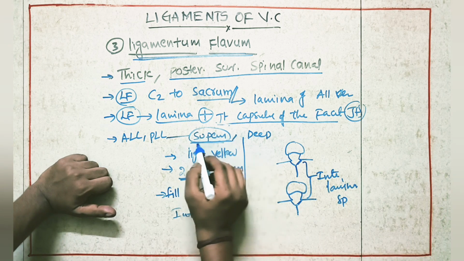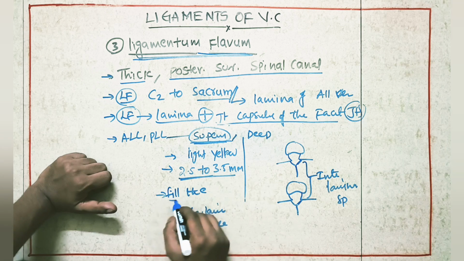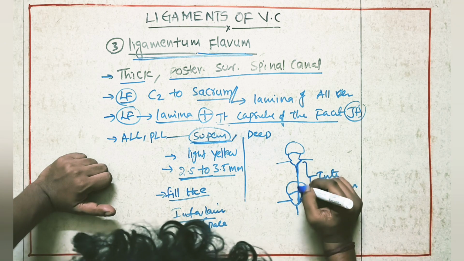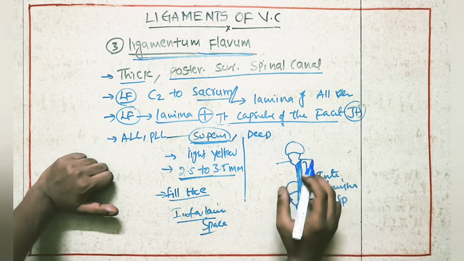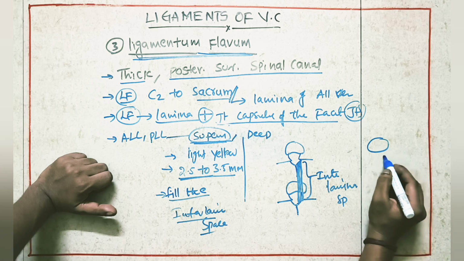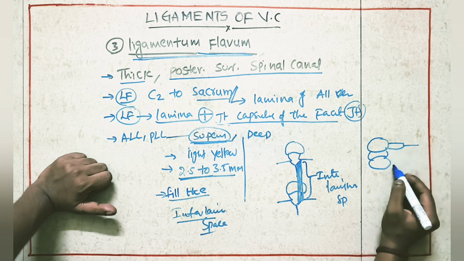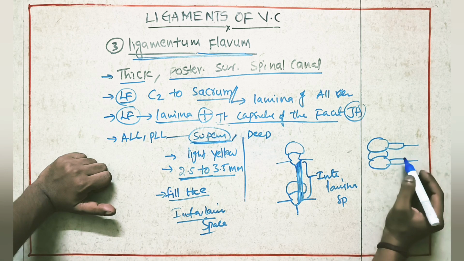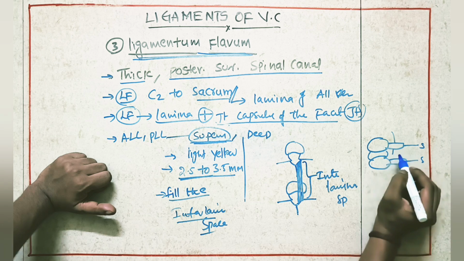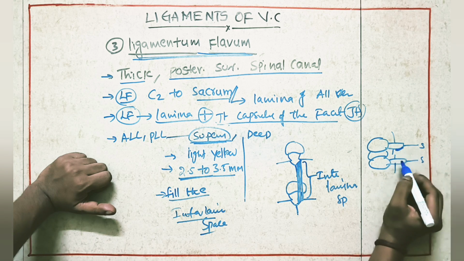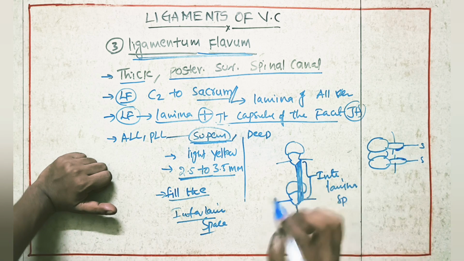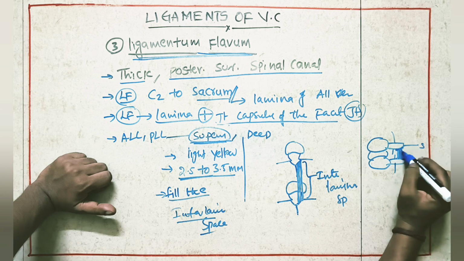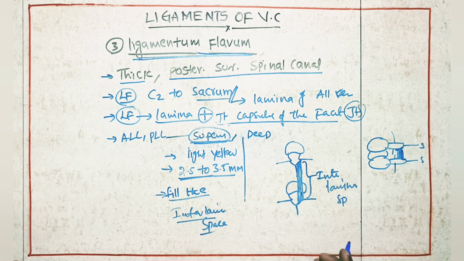So the superficial fibers of the ligamentum flavum fill and cover this interlaminar space. For understanding I draw it like this: one body, the IVD, the spinous process, and the transverse process. This is the lamina of this vertebra, and the ligamentum flavum fills the interlaminar space between these vertebrae.